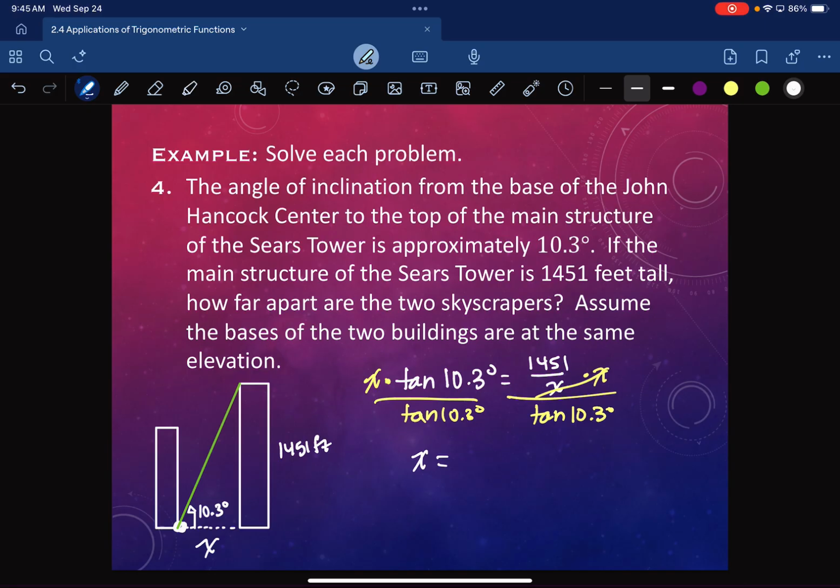What value does that give me? 7,984.34 feet. Did I get that written down right? Yeah. So they're pretty far apart. My picture, definitely not to scale, but it doesn't matter, right? The picture doesn't have to be to scale. It's just giving a picture of where the triangle pieces are.